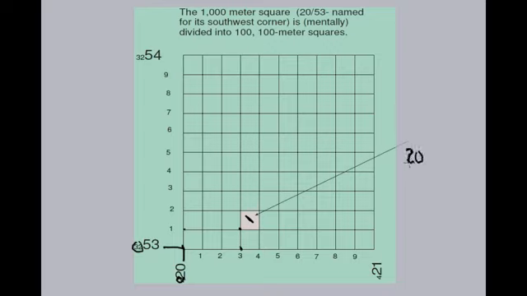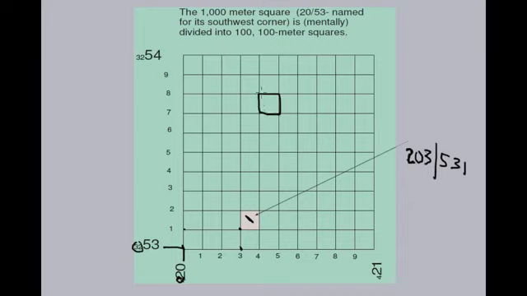This little electronic pen's kind of tricky. That would be 203 by 531. So if you had to identify your coordinates, you would say we're at 203 by 531.